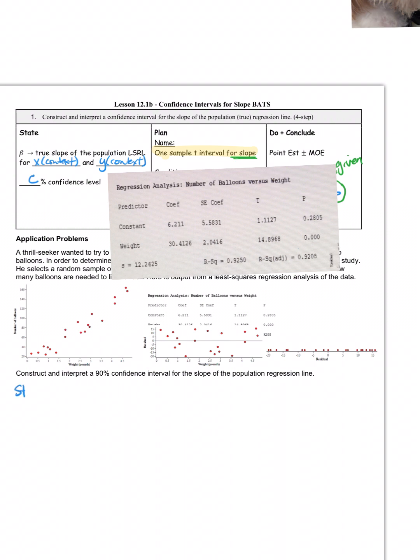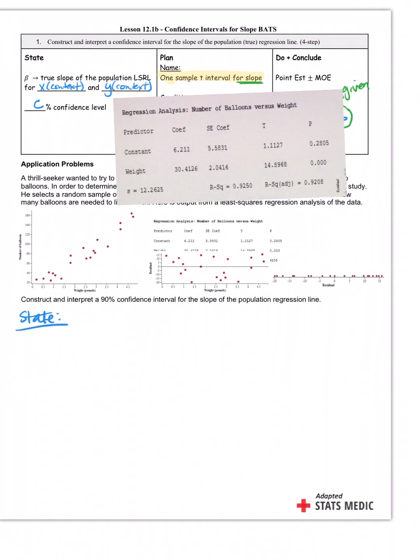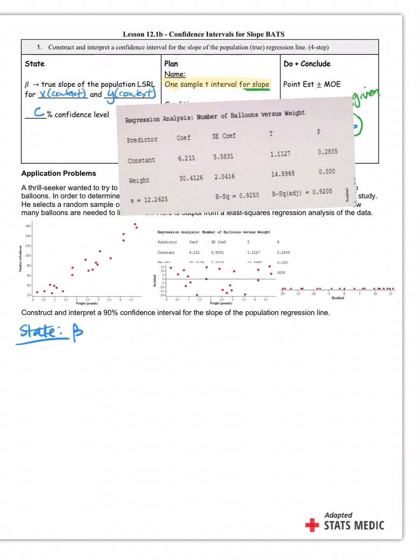So in our state step, we need to explain what it is we are trying to estimate. And remember, its slope gets the symbol beta.